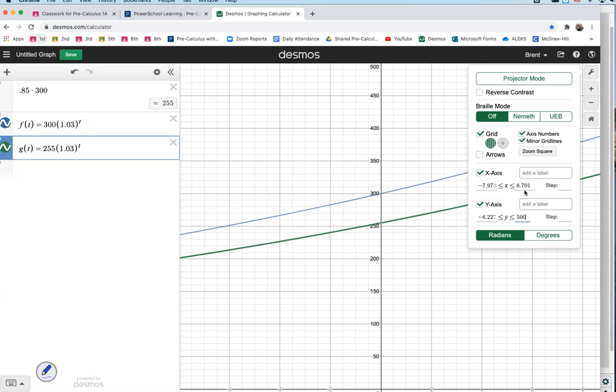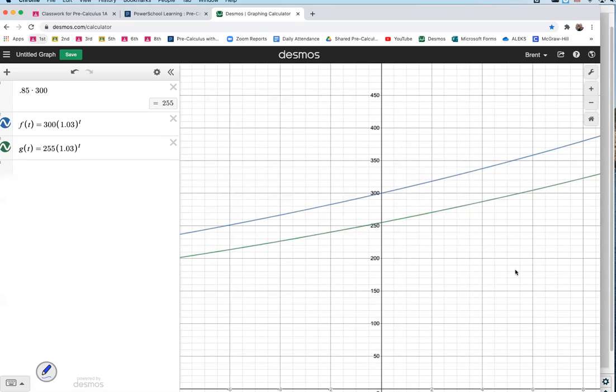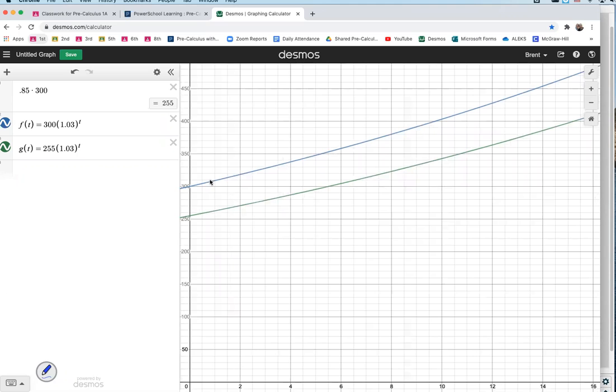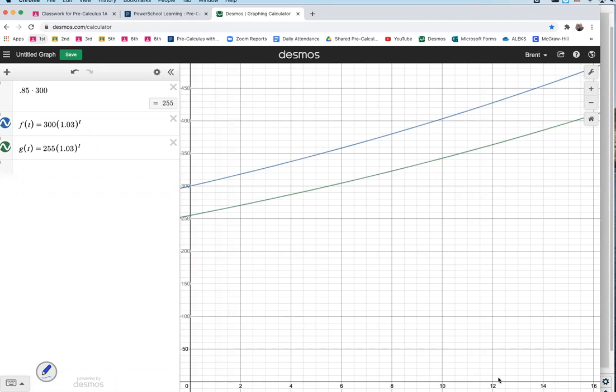And since I want only the first quadrant, I can just slide it to the right. You can see these are growing at the same rate. It's just this one happens to start at 300, this one starts at 255. Okay, so that's what it would look like first quadrant wise. And t would be the amount of time that goes on. Any questions over the bell ringer there?